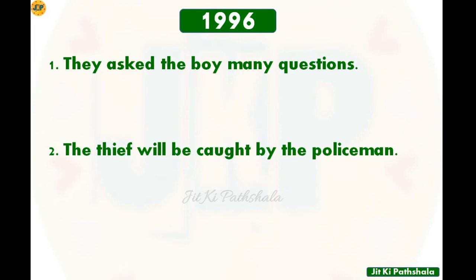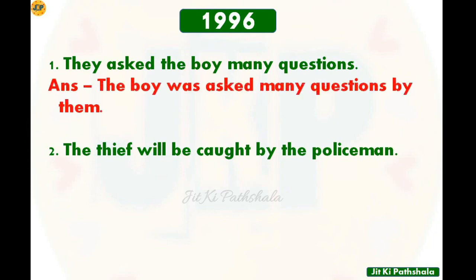So when you change it into passive voice, the form will change, but the tense will not change. So it will be object plus was or were plus third form of verb plus by plus subject. So the answer here will be, the boy was asked many questions by them.